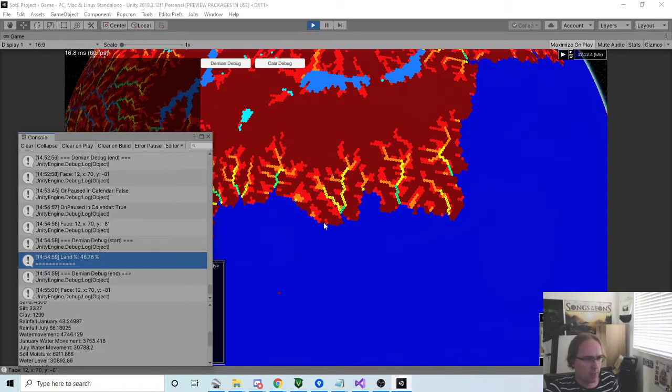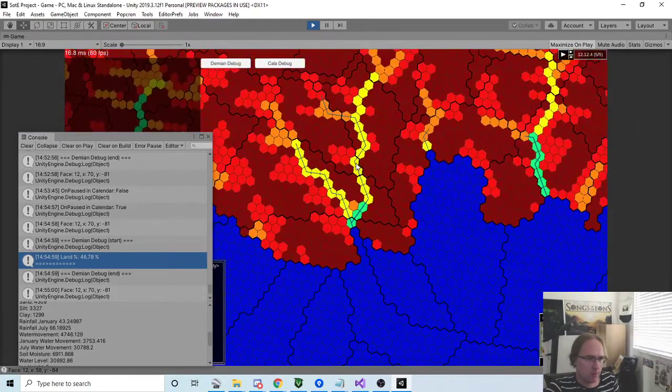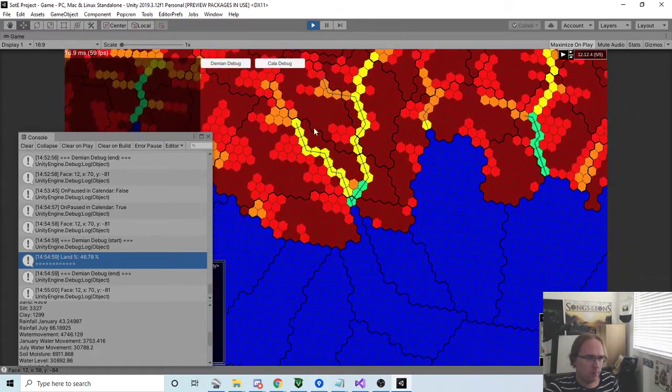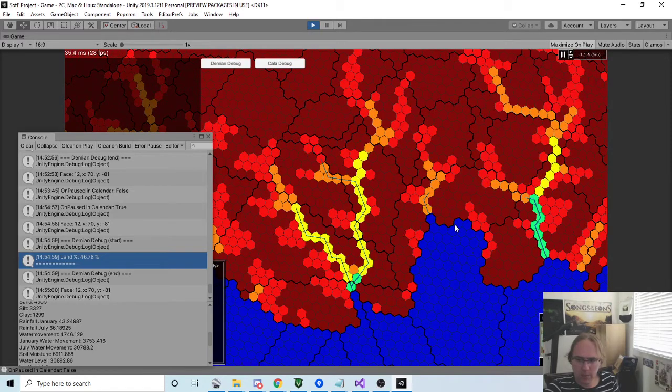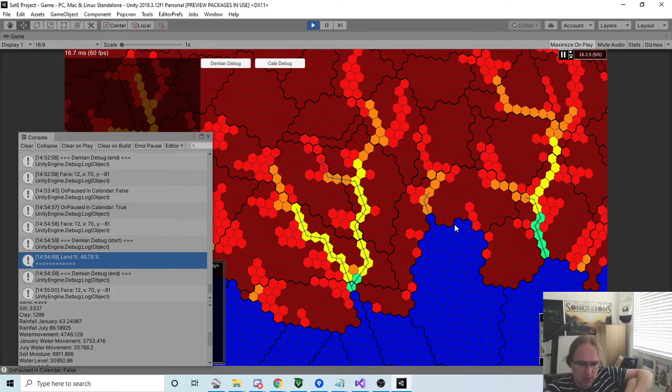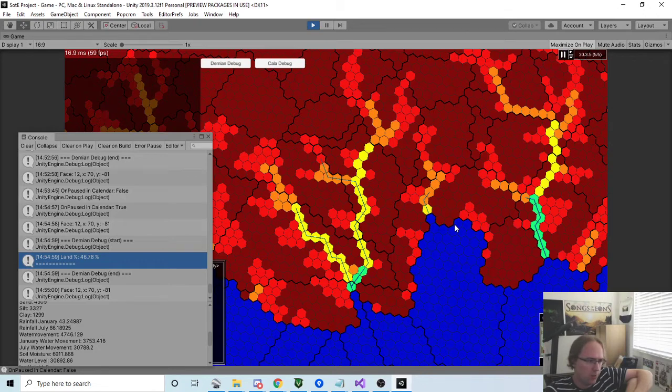Okay, soil moisture declines now. So it seems like, let's run it again for a while. Seems like it's come to an equilibrium that is around the 7,000s.